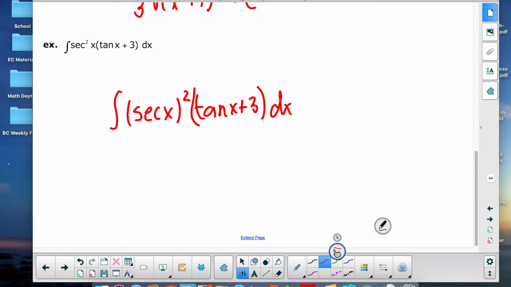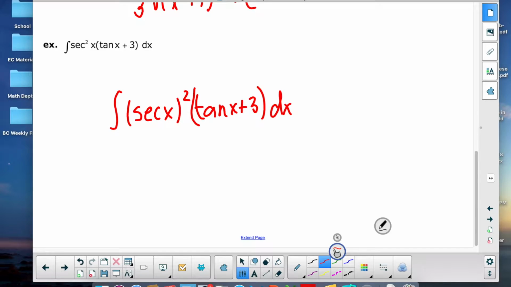I mean, you're right with choosing u to be that one. But technically, I could choose u to be secant x as well. So you can do it both ways. Well, one way is going to work, one way is not. But if I'm determining my u by looking at grouping symbols, technically both of them are in a grouping symbol. So this is where I'm going to do some mental math, because I know I'm going to be dividing by the derivative.